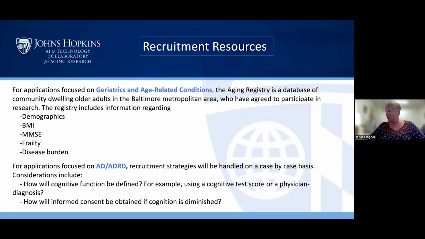You might want a MoCA score, or you may want a physician diagnosis of dementia or Alzheimer's. These things will be important to know in designing recruitment. And then we'll have to think about informed consent based on these cognitive scores or diagnoses.